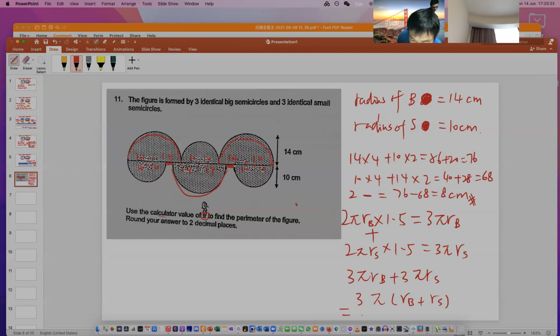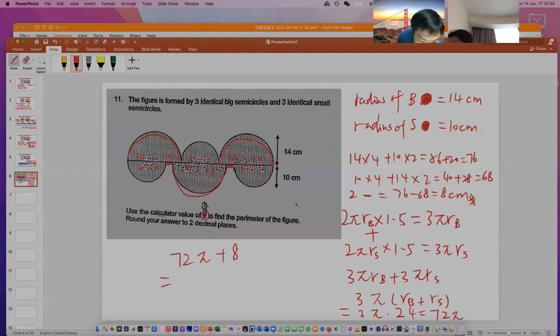I end up with 3 pi times 14 plus 10, which is 24. Can you help me out using your calculator? So it's 72 pi. The final answer is 72 pi plus 8.